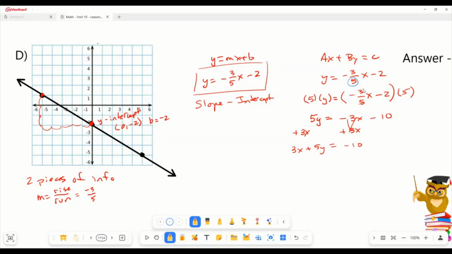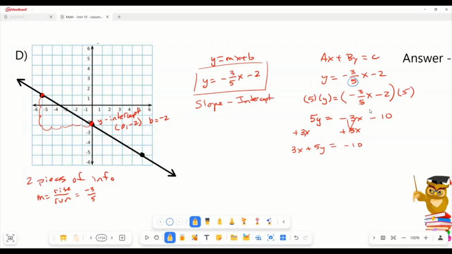All right. We had y equals negative 3/5 x minus 2 as our slope-intercept form. Intercept of negative 2, slope down 3, forward 5. Then take that, we need it in ax plus by equals c form. This needs to be over there. We have to get rid of the fraction. Multiply both sides by 5. 5y.